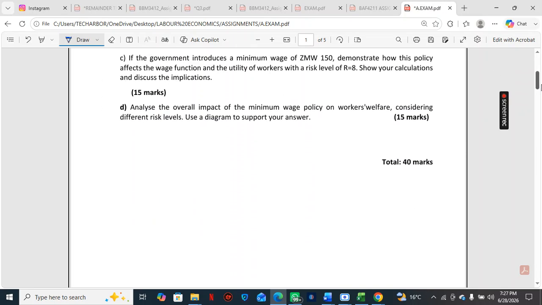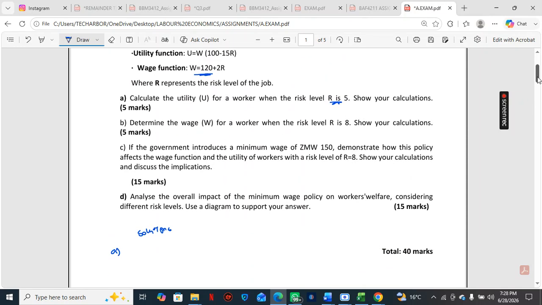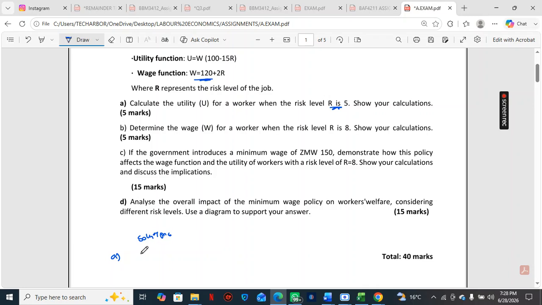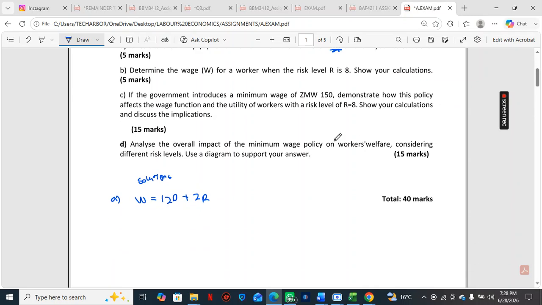So I'll put here solutions. All right, so wage equals 120 plus 2R. R equals 5, so we're going to substitute R with 5.